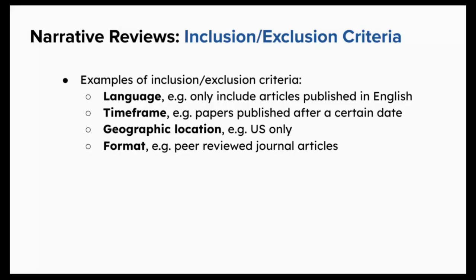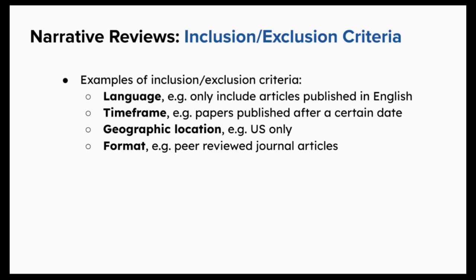Format is another one. Last week we talked about why I was saying the terms research records versus research papers, and we dug into the fact that beyond research papers, which you can use in your narrative review, there are other research types that you might want to include, like reports from public companies, or conference abstracts, or preprints, so meaning papers that will very likely be published through peer review, but have not come out yet.